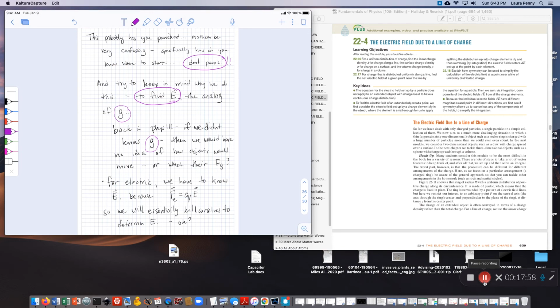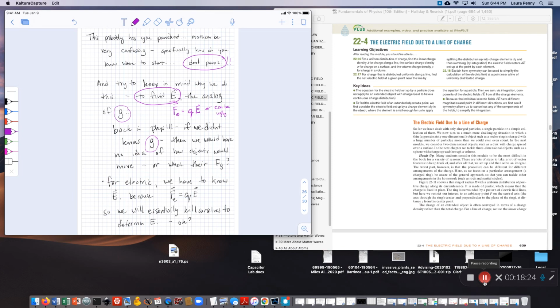And that just makes it more complex to find, but it doesn't change the overall structure, which is that what we really need to remember is that the electric force is Q times E. But E can be very difficult to find. It can be ugly, but the nature is the same.